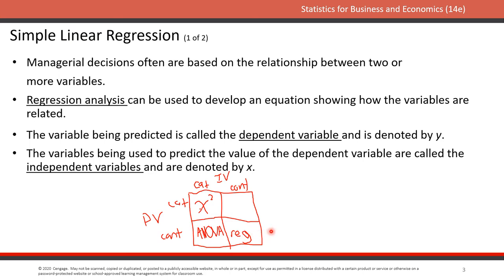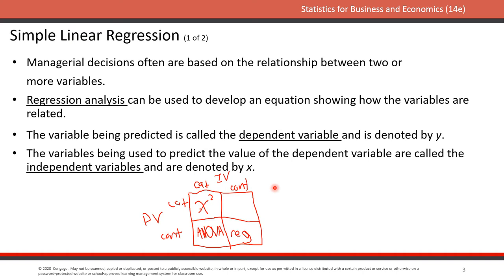Now what's interesting, and what we'll talk about as we get more advanced, is actually we can kind of sneak into the ANOVA cell with regression too. What we really need with regression is a continuous outcome, but we can actually end up handling categorical and continuous independent variables with regression. So regression is going to end up being this entire bottom row, which is again why I say it covers so much of what we've done in class, because t-test, ANOVA, all of that can fit in with regression.